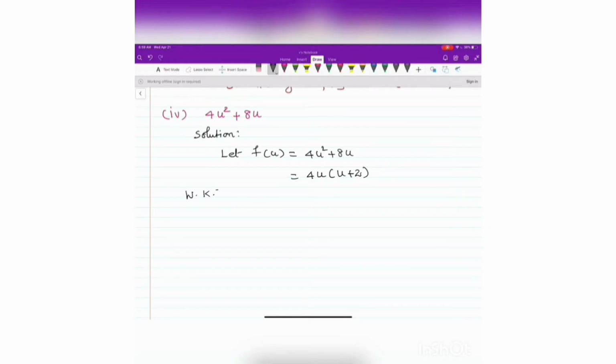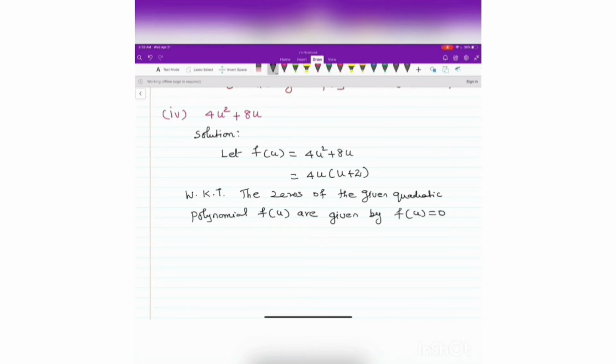Now the important point. We know that the zeros of the given quadratic polynomial f of u are given by f of u equal to 0. You have to be careful when you write the polynomial.